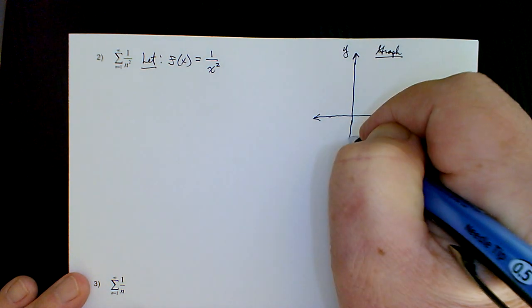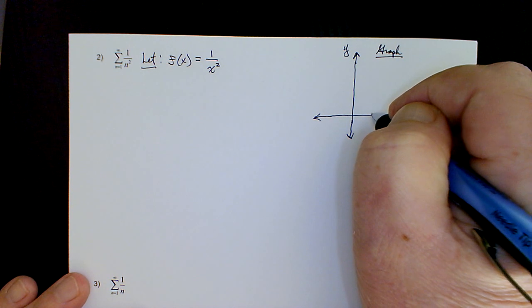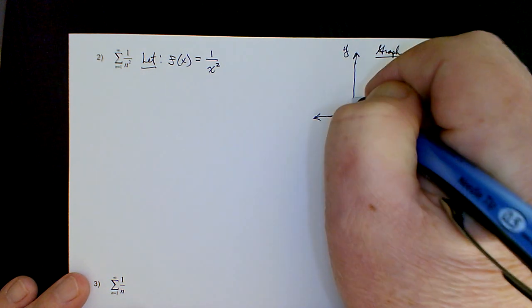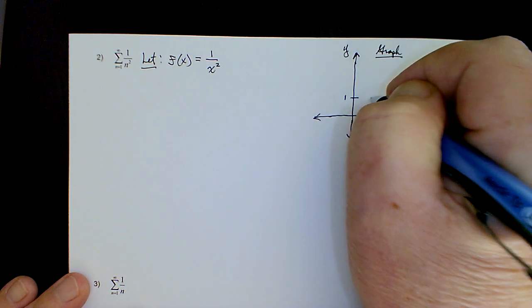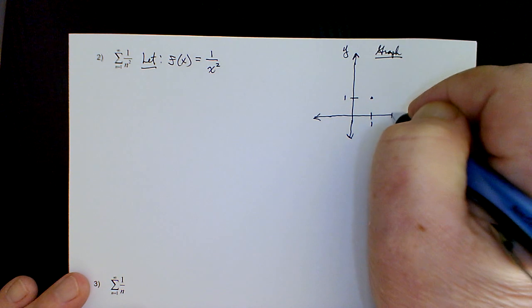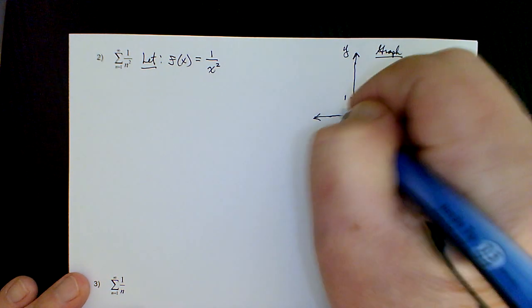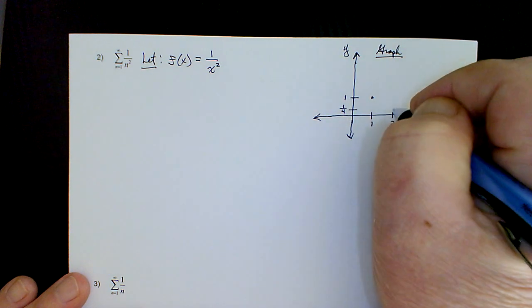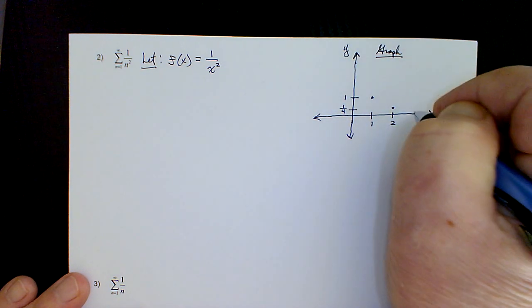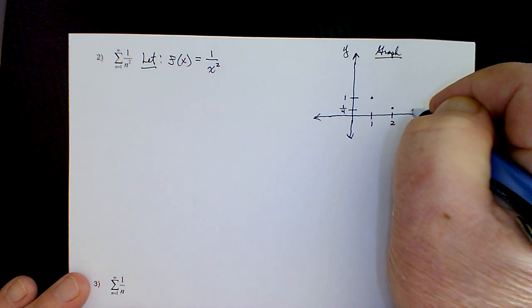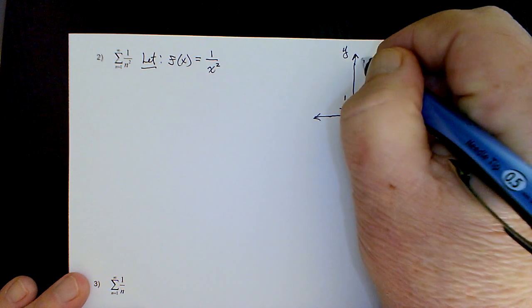But the graph of 1 over x squared, if we plot a few of the points, let's say when x is 1, 1 over 1 squared would be 1. When x is 2, 1 over 2 squared is 1/4. So it's down here already. When x is 3, it's 1/9. So it's getting to the x-axis pretty quick.